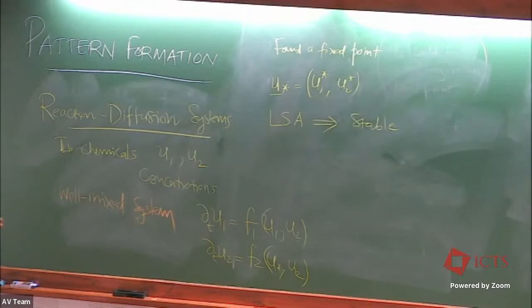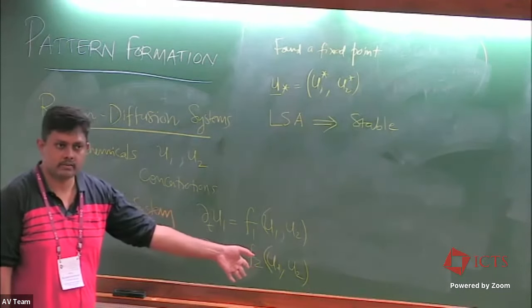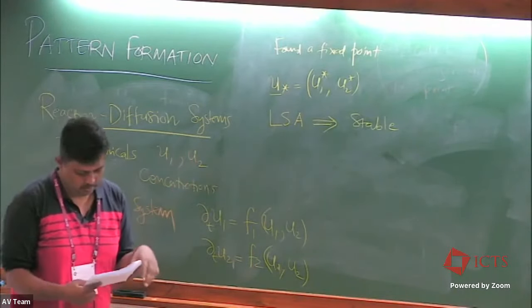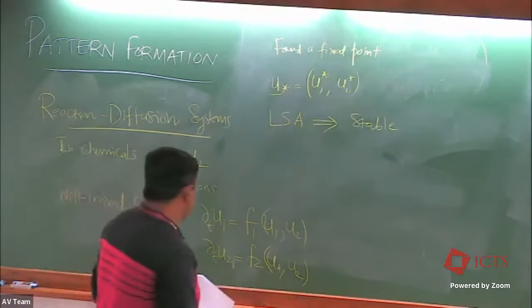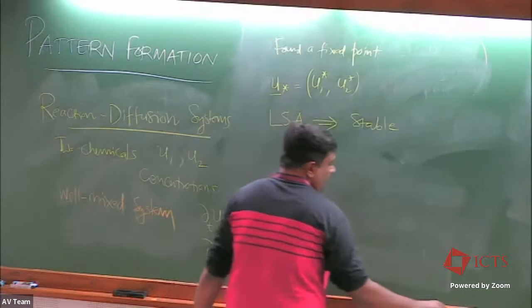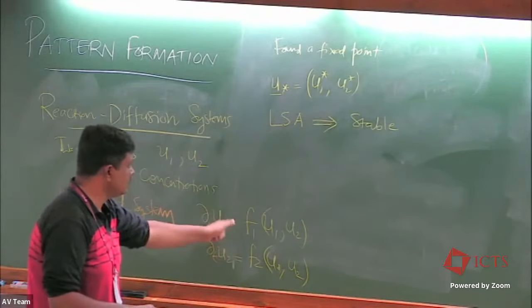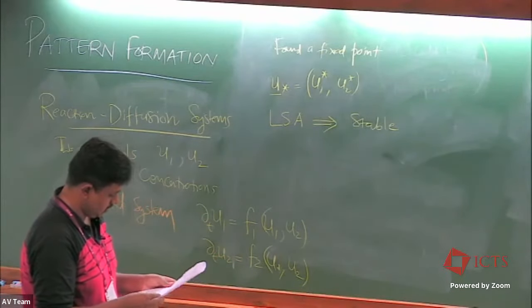That means if you take the system and do some small perturbations in the U1, U2 directions, the system comes back to this fixed point. Everything is nice, cool, and stable. So can you please set up the linear stability for this and tell me what that means in terms of these functions? That will be useful later on.